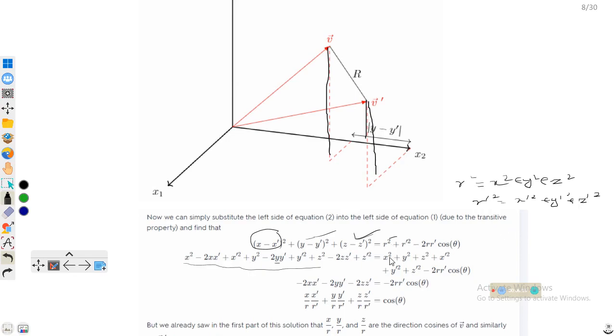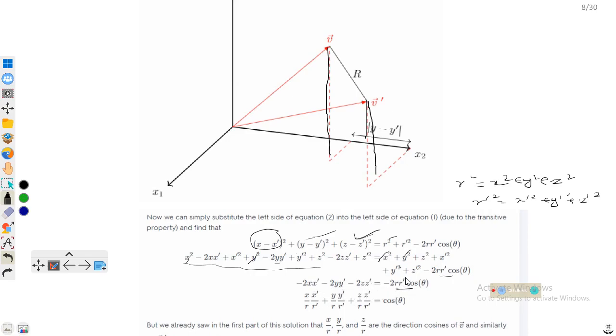So some terms, like x square and y square, get cancelled on both sides, and we are left with minus 2x x prime minus 2y y prime minus 2z z prime equal to minus 2 r r prime cos theta.